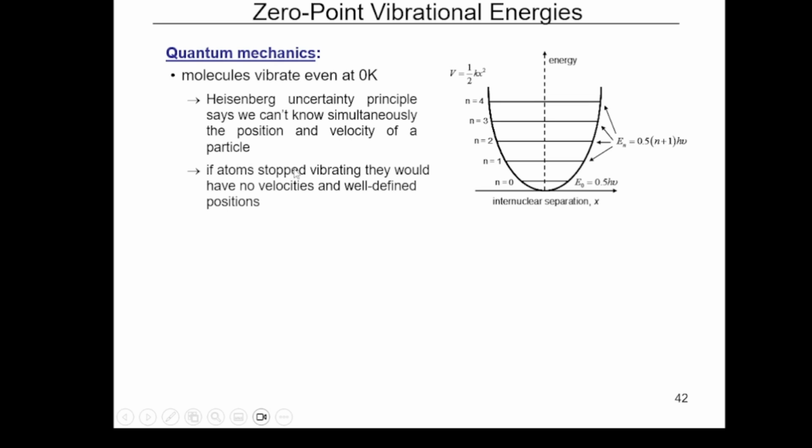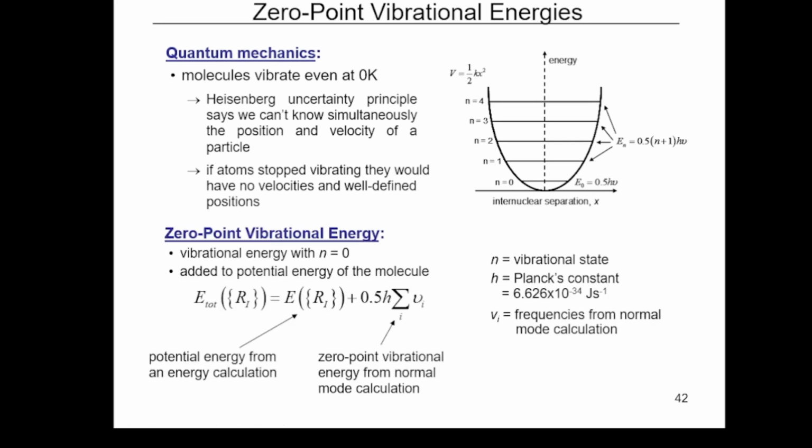But if atoms stopped vibrating, they would have no velocity and well-defined positions, so it would violate that principle. So in fact, molecules have vibration even at 0 Kelvin, and that energy is called zero-point vibrational energy. Vibration energy with n equal to 0 is known as zero-point vibrational energy.